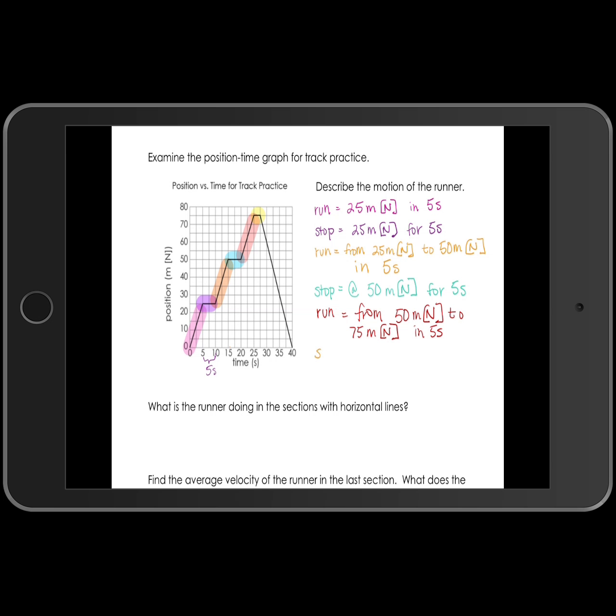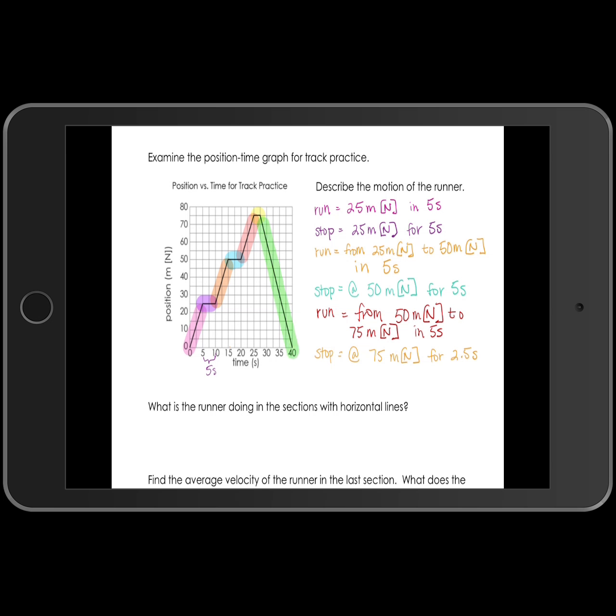So they're stopped at position 75 meters north of the starting line, and this is for 2.5 seconds. Okay, and then we have this last stretch.